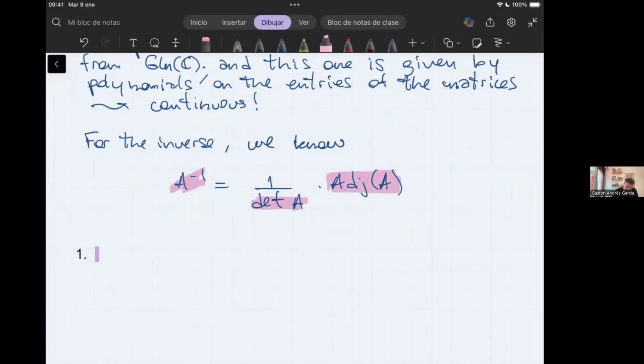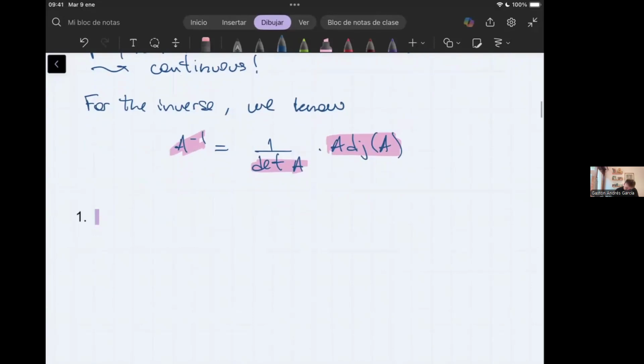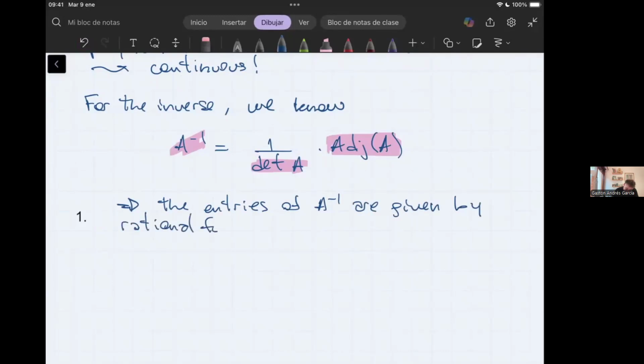So I'm going to write this down, what I said. So this implies that the entries of A minus 1 are given by rational functions that are continuous.